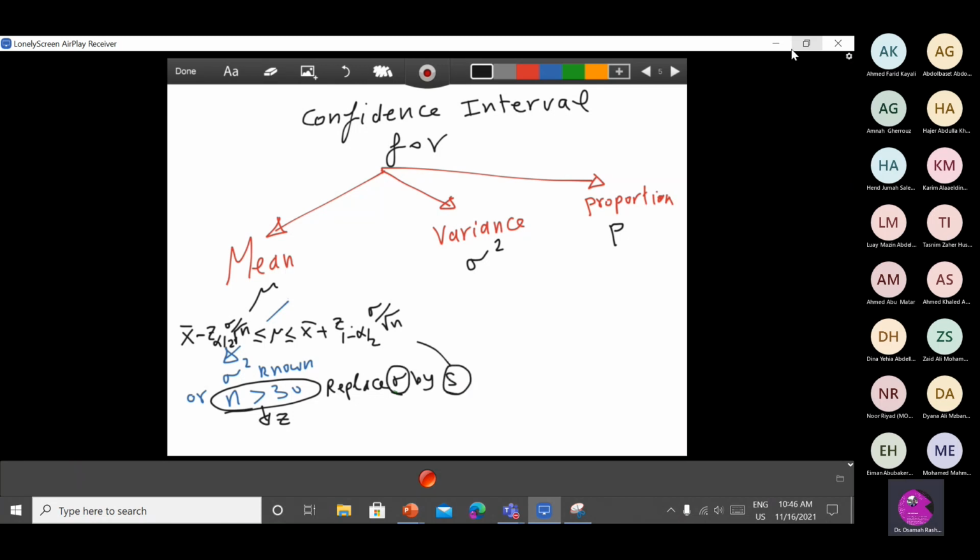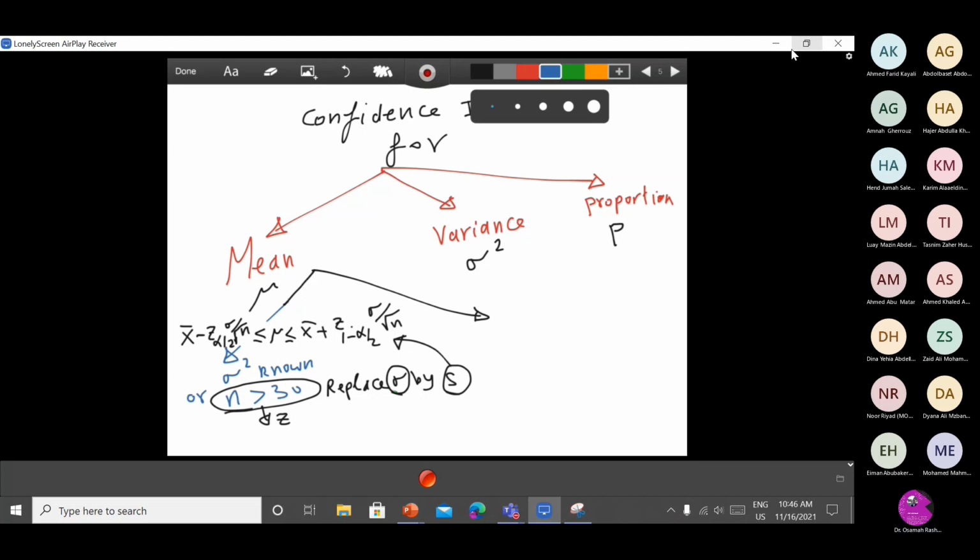So you go to this formula and you replace sigma by s. Finished. This is when sigma is known or n is greater than 30. Otherwise, we go for t.